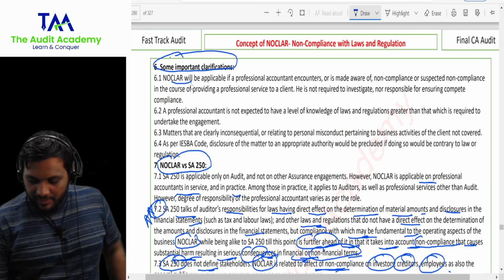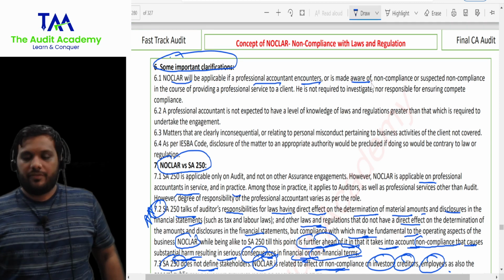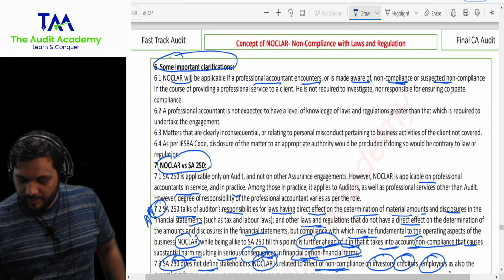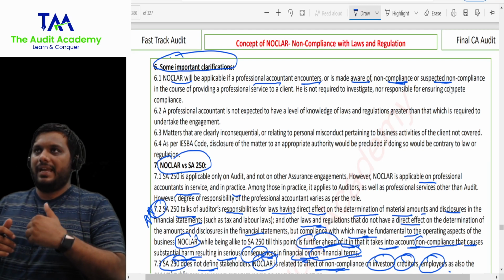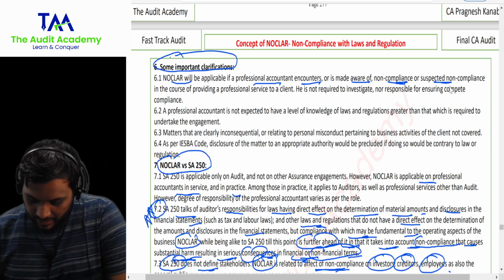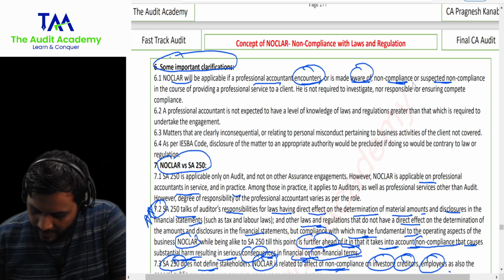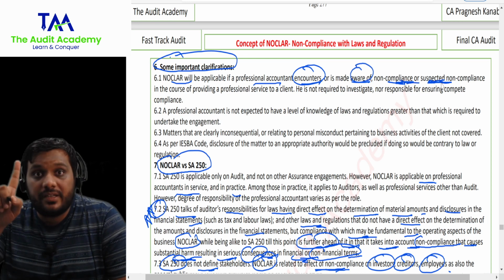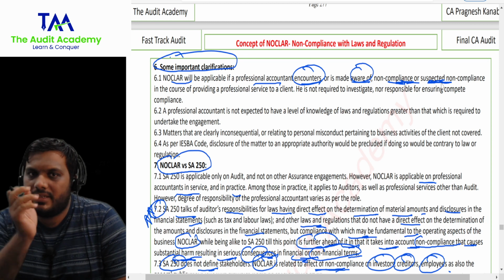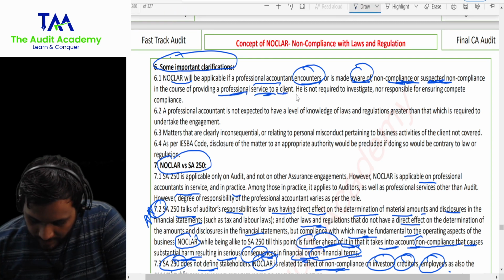NOCLAR will be applicable if a professional accountant encounters or is made aware of non-compliance or suspected non-compliance. Encounters means I came to know or someone told me. You came to know or someone told you of non-compliance or suspected non-compliance, meaning you think that there seems to be a non-compliance in the course of providing a professional service to a client.